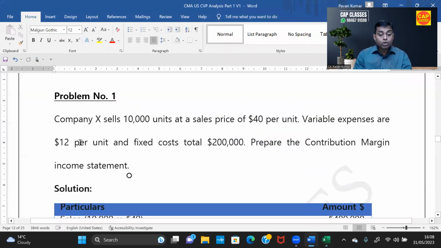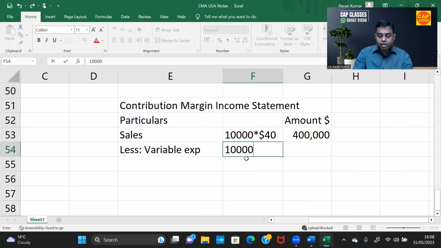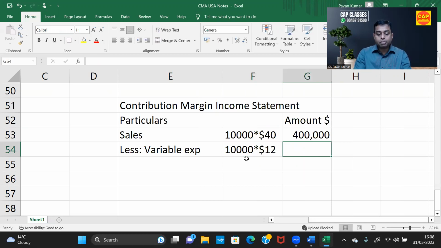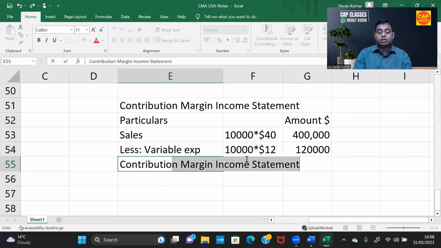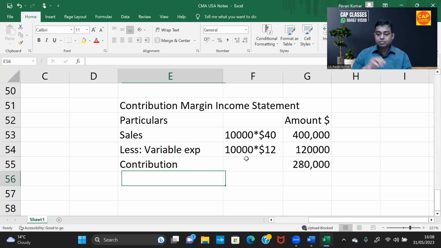They said per unit variable expenses $12. So I sold 10,000 units into $12 each. That makes it 120,000. So contribution is, can I say, this minus this?